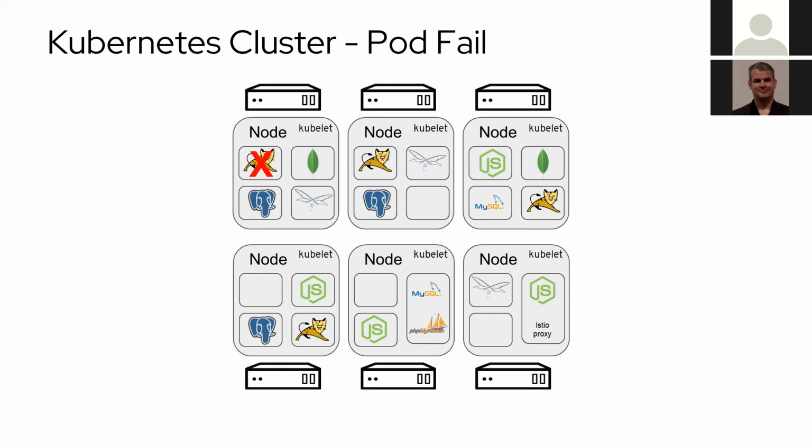So if we look at the situation where one of these pods fails, the Kubernetes cluster is going to see that that pod failed, and it's going to take it out of the load balancing scheme.